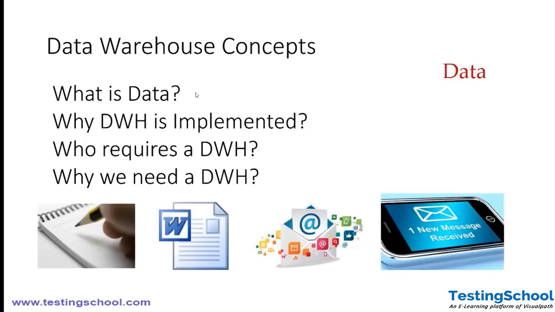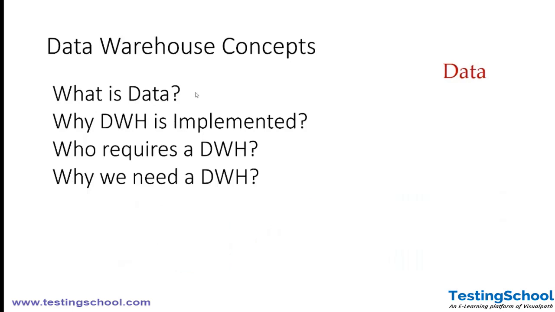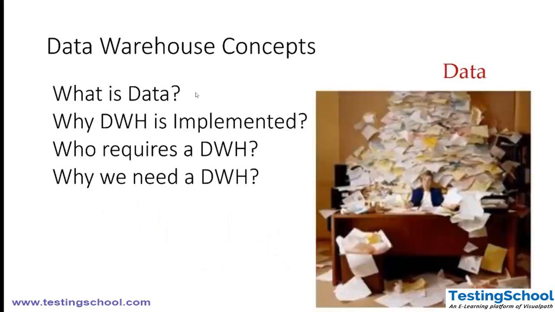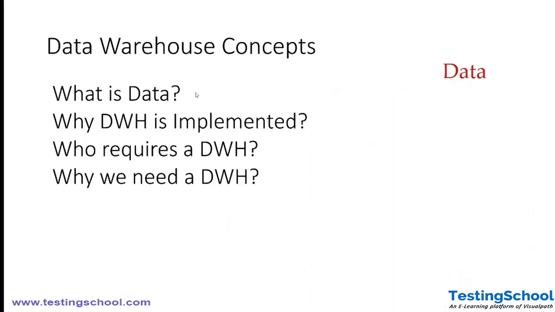Now, based on the format in which you're receiving it, we can categorize it either into an organized format or an unorganized format, right? So what is data in the first place? It is a description of things, events, activities, or any transactions or any system logging like switch on, switch off, anything which is recorded, which defines a particular event or a particular place or a particular activity or a transaction, that is data.